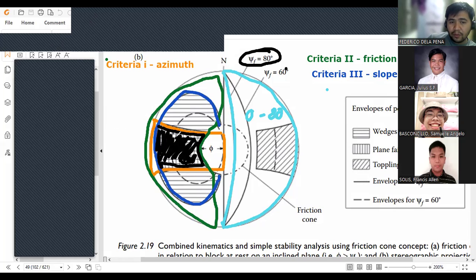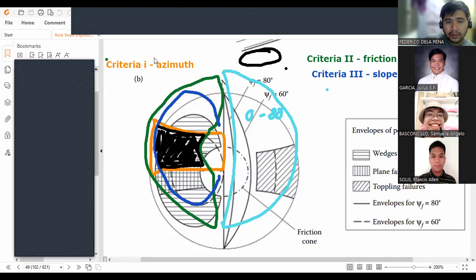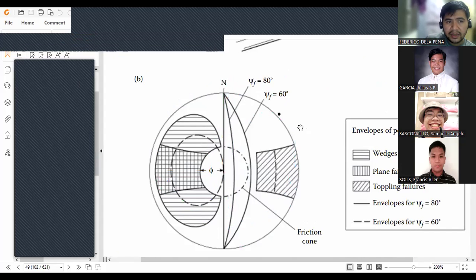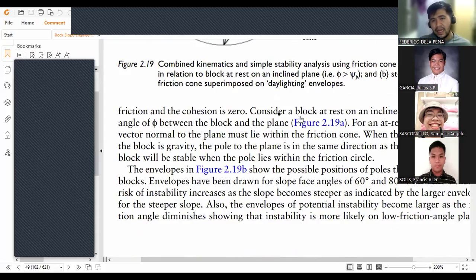Hence, all the poles of discontinuities falling under this zone would be kinematically admissible to planar failure. At the same time, all the joint or discontinuity intersections falling under this one would be eligible for wedge failure. So that's how the kinematic analysis for wedge and planar failure works.